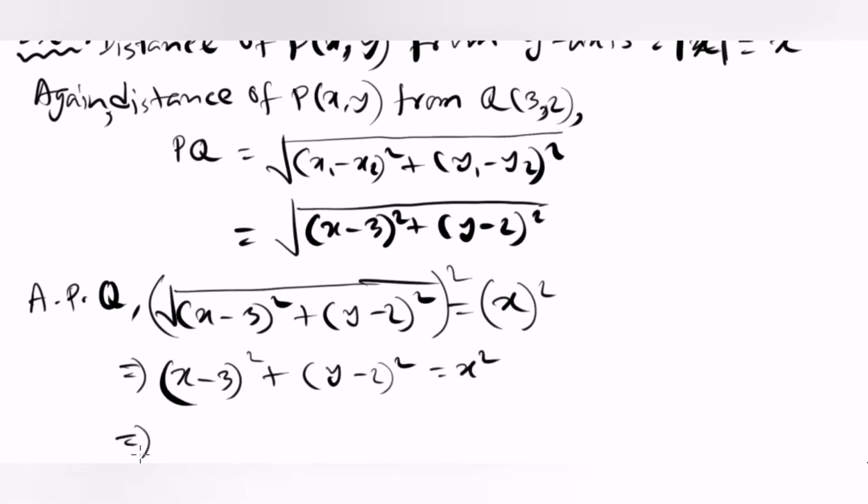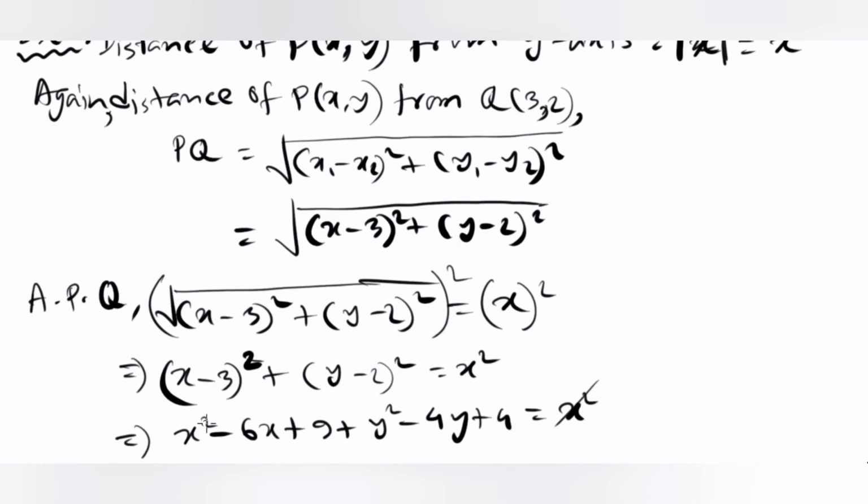The next step is just applying the expansion formula of (a minus b) whole square. It will be x square minus 6x plus 9, again positive sign, y square minus 4y plus 4 is equal to x square.